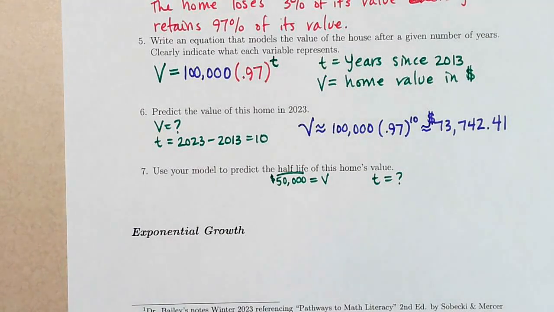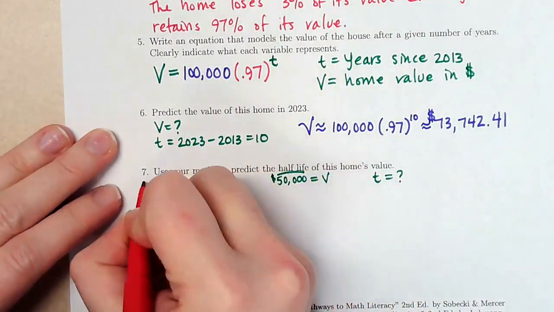I'm going to use the equation and the log to undo this on the calculator, or you could use the graph.